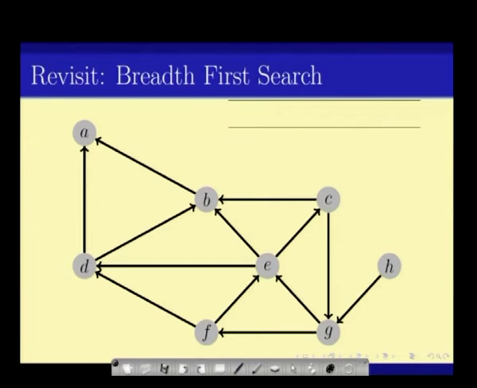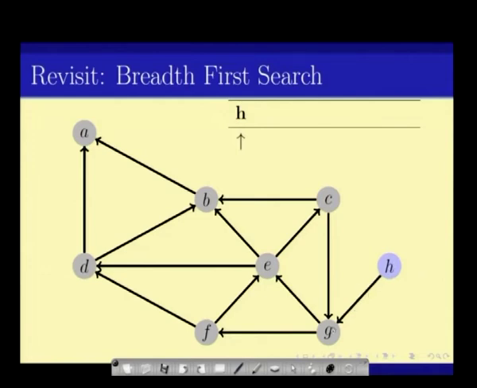Remember that in the breadth first search we maintain a queue, and we will indicate the start of the queue with an arrow. We will not remove elements, and we start from vertex H. We take wherever the pointer is pointing, take all its neighbors, put them in this queue and move the arrow to the next.